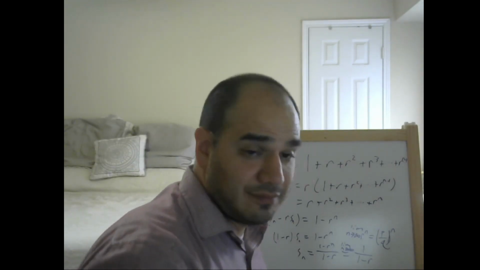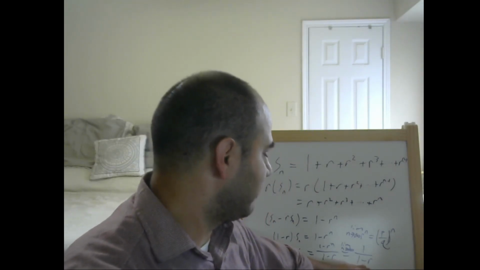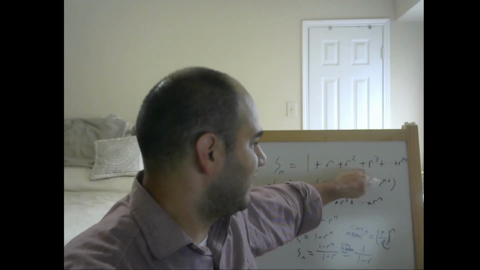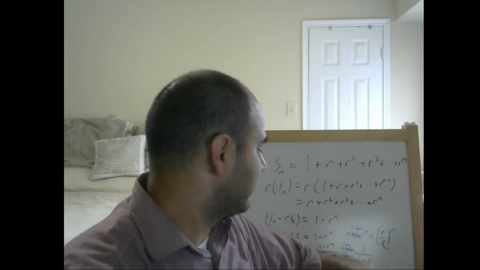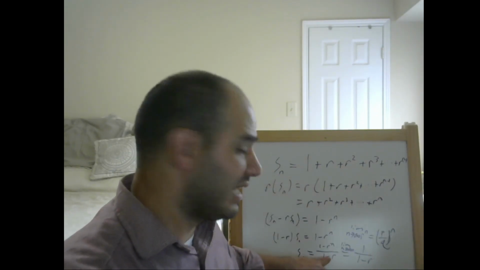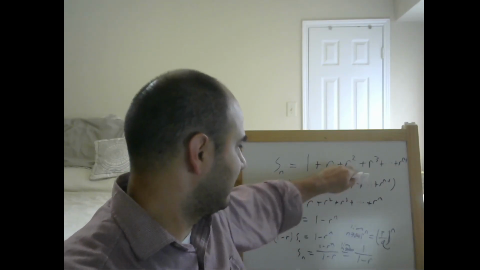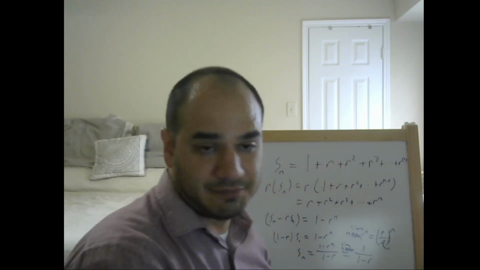And then, okay, so this is a reminder of the geometric series, that this and this, where there are infinitely many terms, these are interchangeable. And when there are finitely many terms, it's this. Okay.